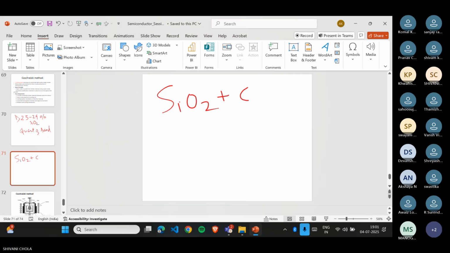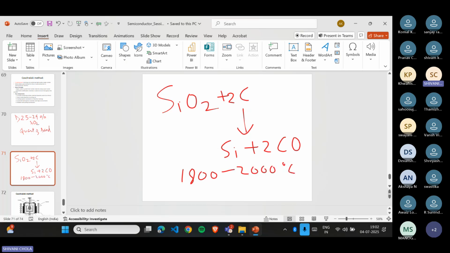We also call it an electric arc, and you get silicon plus carbon monoxide. Let's balance this equation first. 2 oxygen on the left side, so I need 2 on the right-hand side. I have 2 carbon over here, so 2. Okay, this equation is balanced. This process is done in the electric arc at around 1800 to 2000 degrees Celsius.